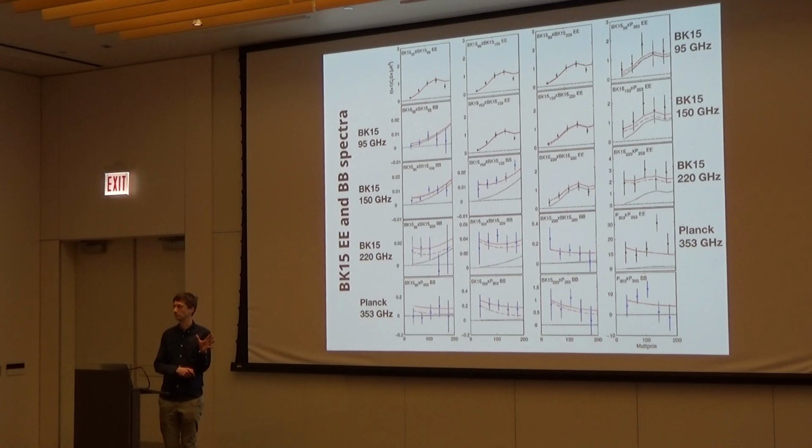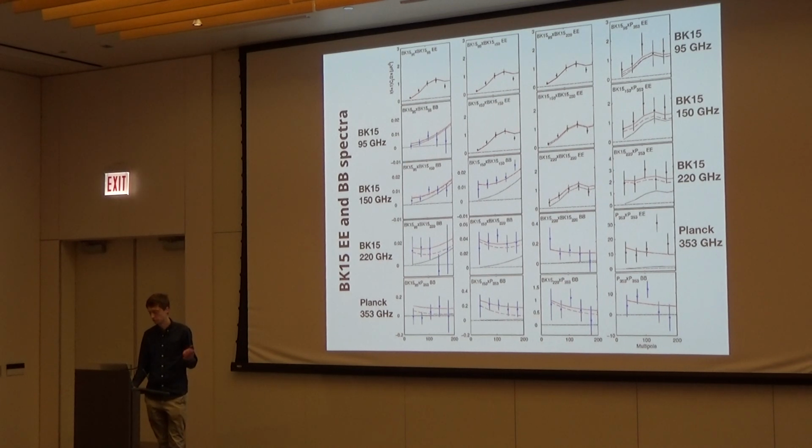That was added in 2015. And so if you look across this row here, these are spectra that include BICEP Keck 220 gigahertz. And you can see that the fit that was done using the previous year's data is still a good description when we added the 220 gigahertz data. So the idea here is that the model that we have is still holding up. The model is still holding up as a good description of our data.